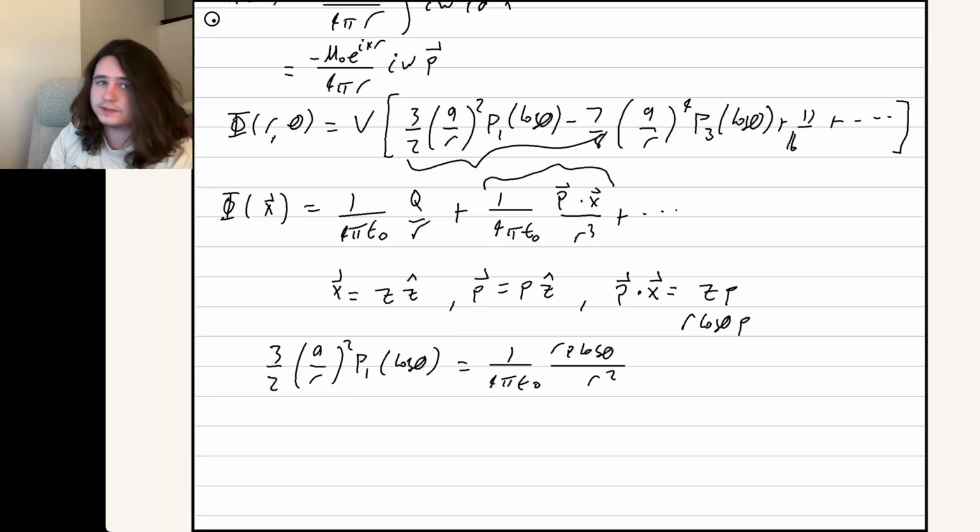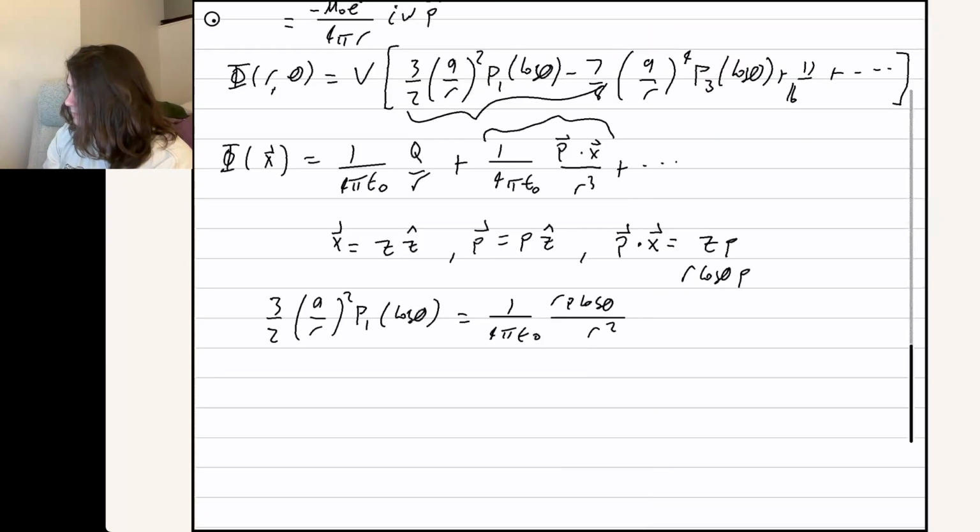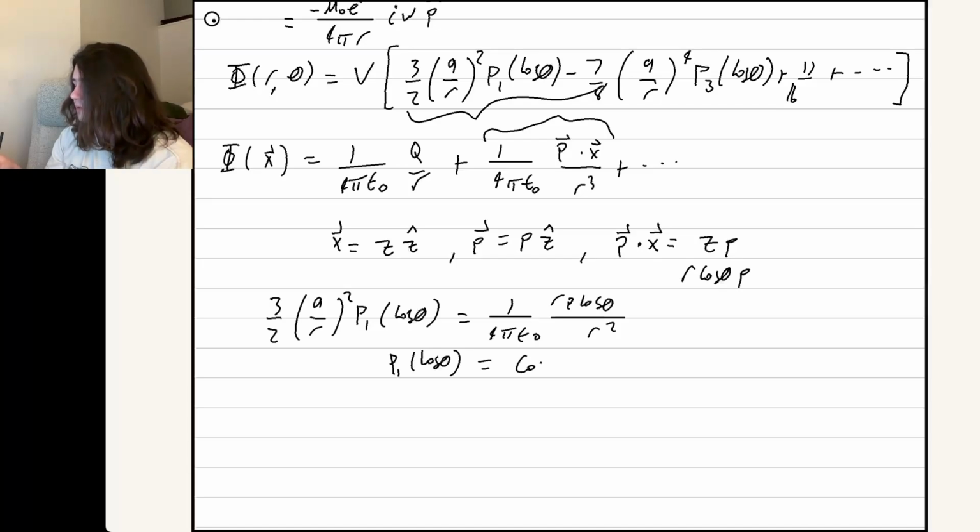Now it's easier to see why these two terms have matched dimensionality, which is why we can compare them like that. And we can use this to solve for p once we note the fact that the first order Legendre polynomial of cosine theta is just cosine theta. So that cosine theta will cancel out this one.